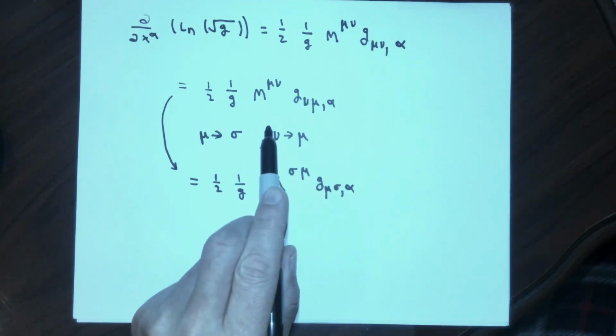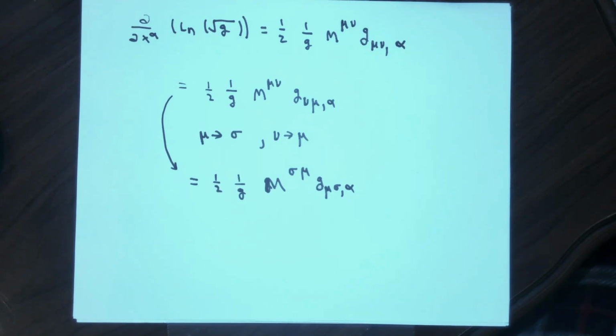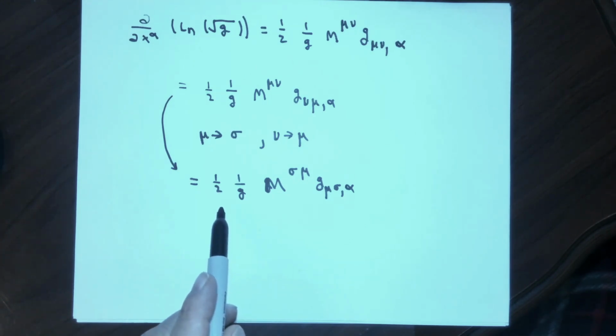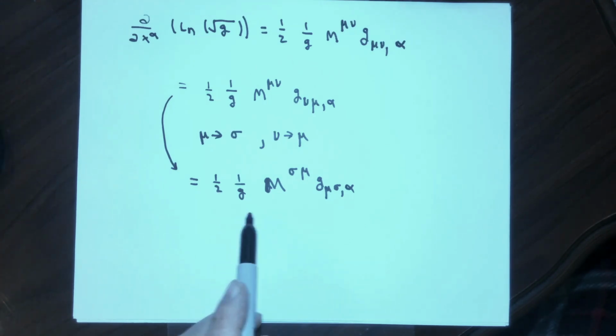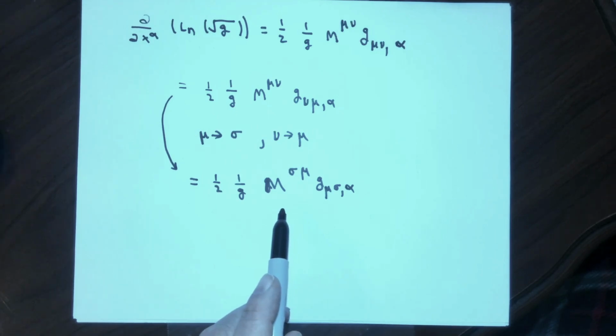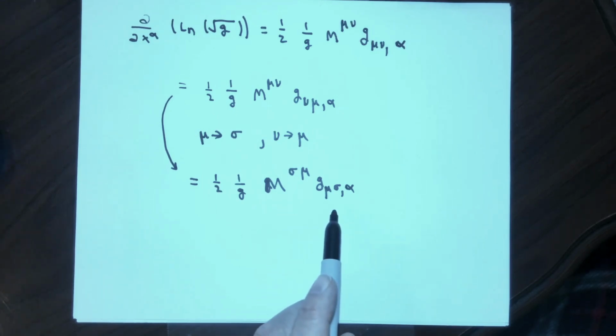I get this equation. I'm going to make some substitutions for indexes. What I'm currently calling mu, I'm now going to start calling sigma, and what I'm calling nu, I'll start calling mu instead. The result is 1/2 1 over g m sigma mu g mu sigma comma alpha.